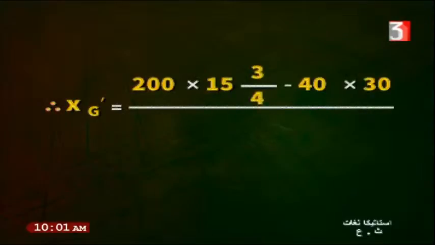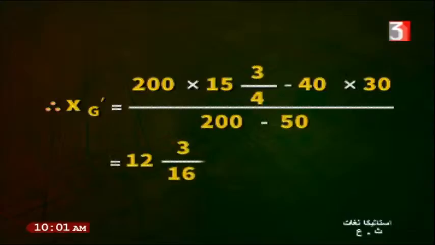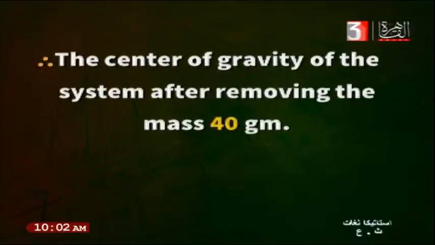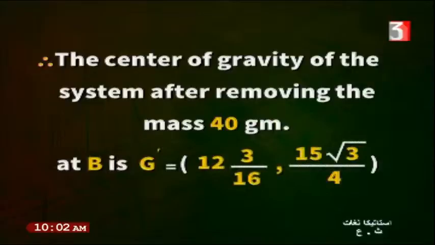By the rule, XG dash equals 12 and 3 over 16. Also YG dash by the same method is 15 root 3 over 4. The center of gravity of the system after removing mass 40 gram at B is G dash: 12 3 over 16 and 15 root 3 over 4.